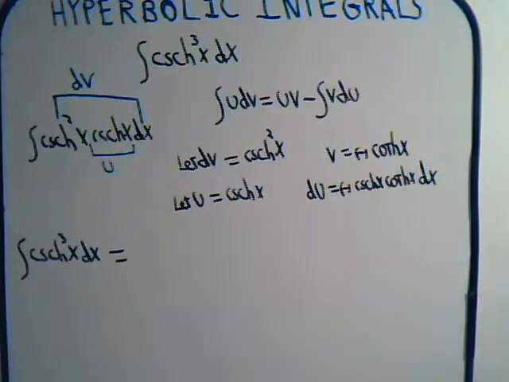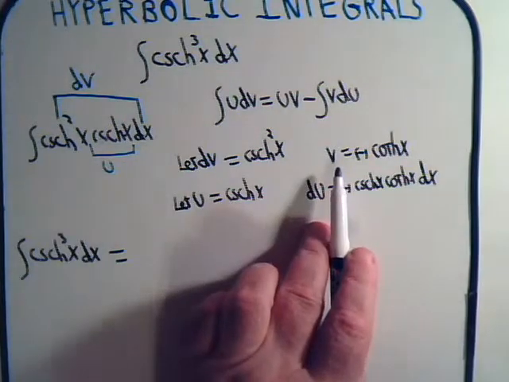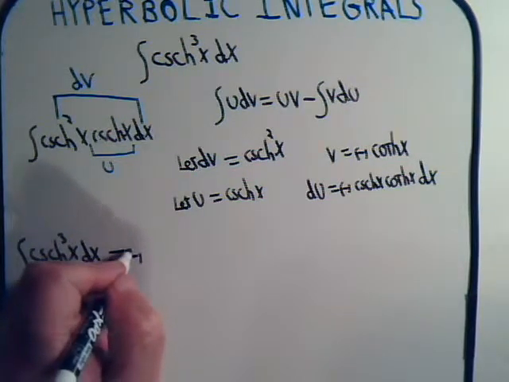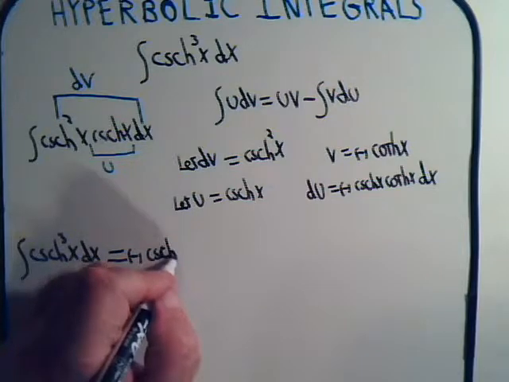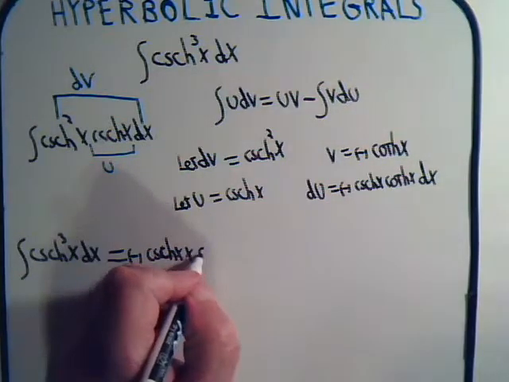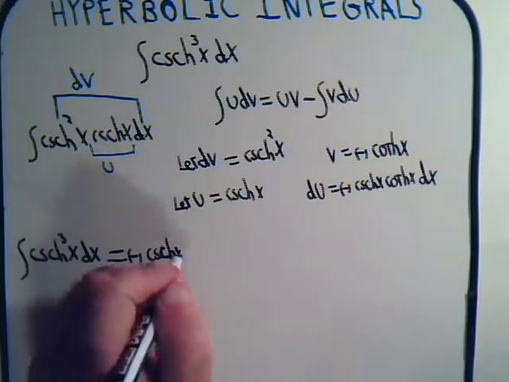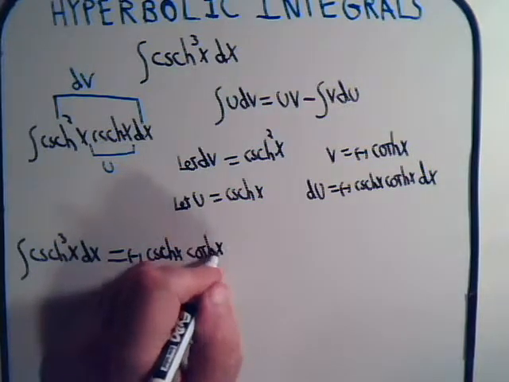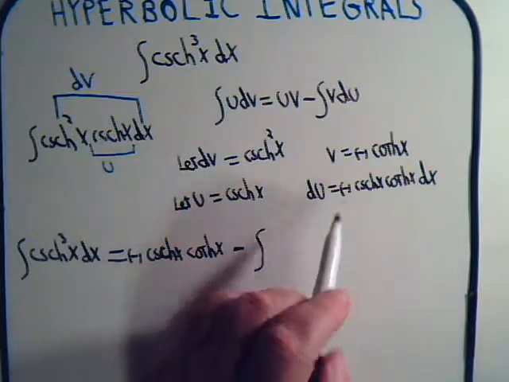equals u times v. This is u and this is v, so we're going to have minus the hyperbolic cosecant times the hyperbolic cotangent of x, minus the integral of v du.